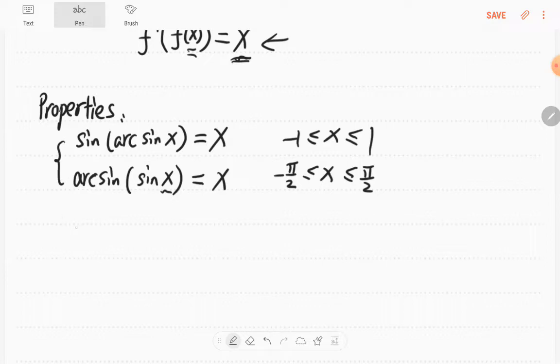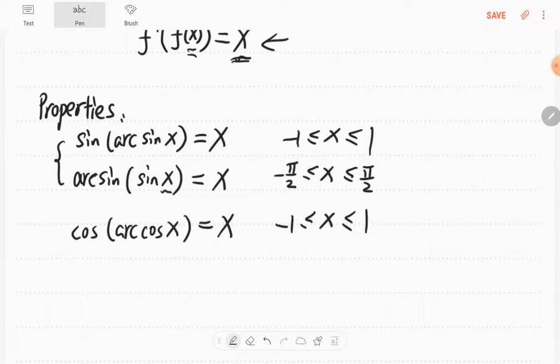Another group is cosine of arc cosine x. Arc cosine x represents the angle whose cosine value is equal to x. That means this one, and this x is between negative 1 and 1.